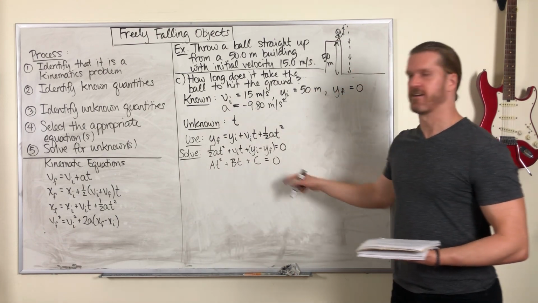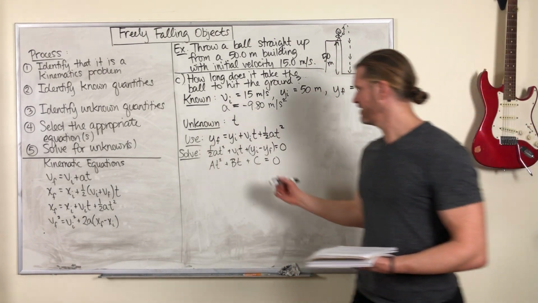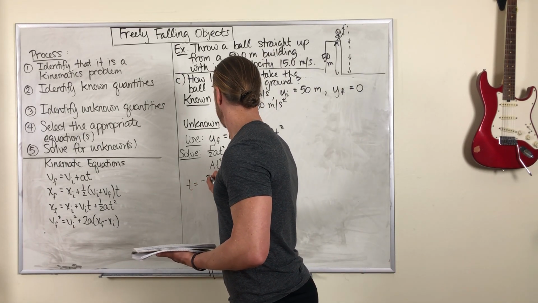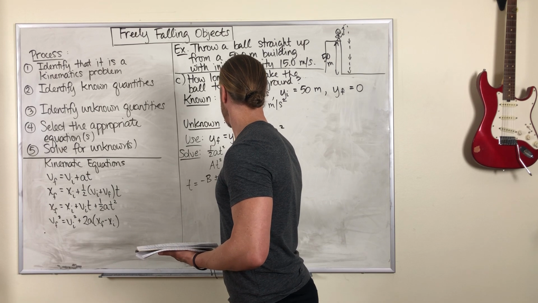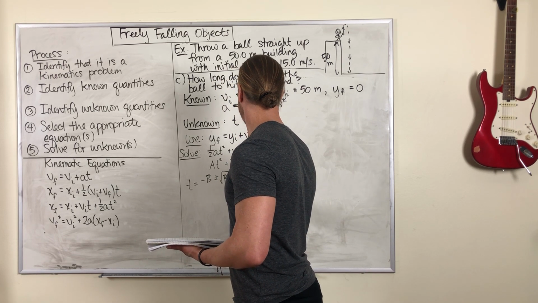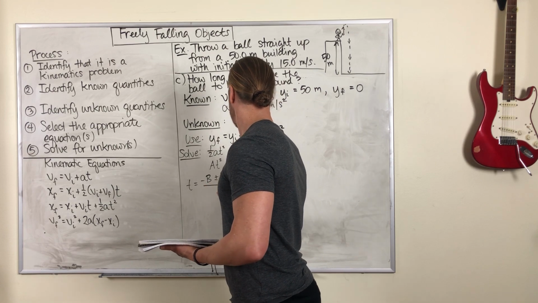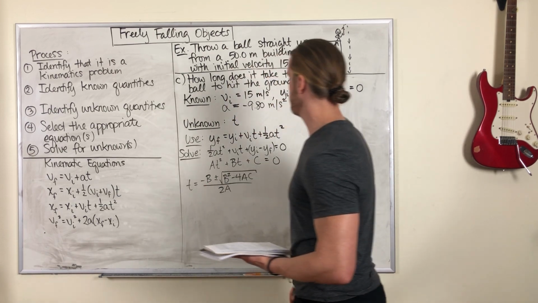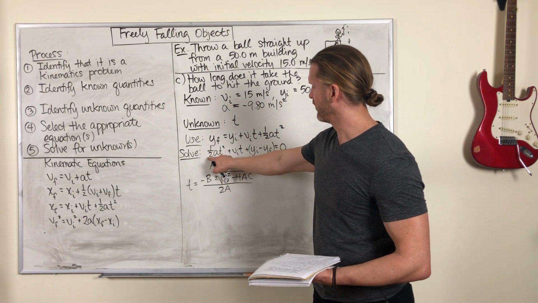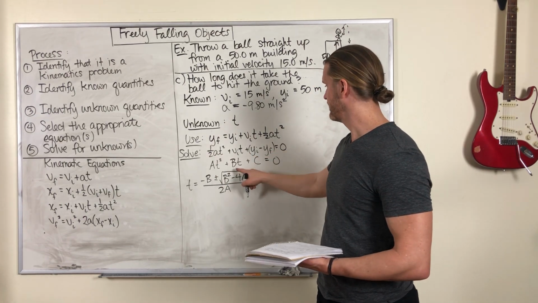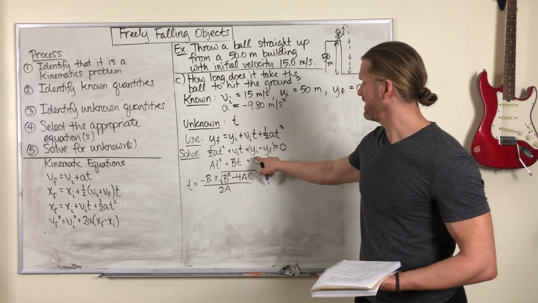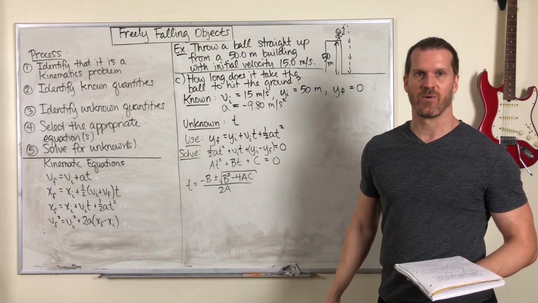And hopefully you recognize that as being a quadratic equation where the solution is minus b plus or minus square root b squared minus 4ac all over 2 times a. But what I mean by this capital A is 1/2 times acceleration. What I mean by capital B is v initial. And what I mean by c is y initial minus y final.